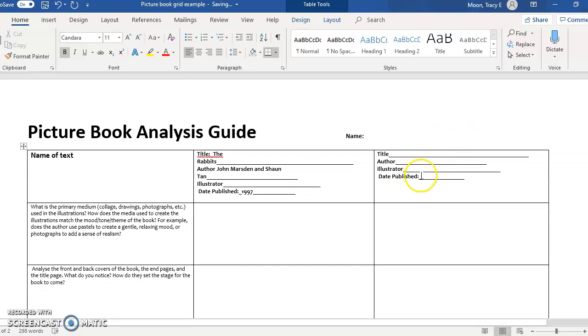Now, if you can't find the date your book was published, let me know.